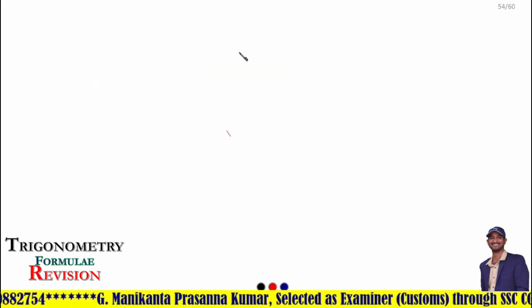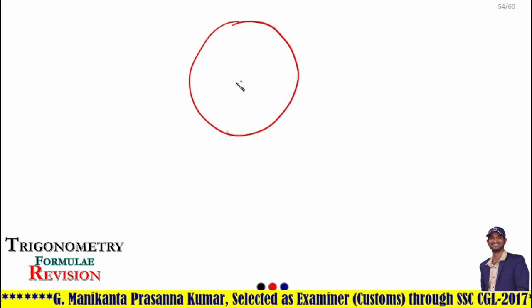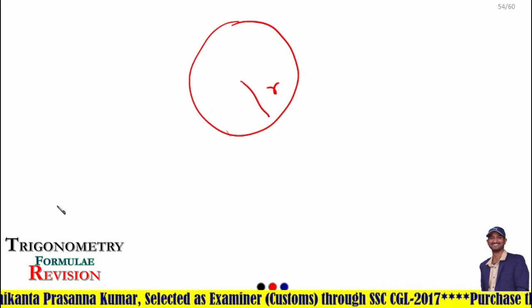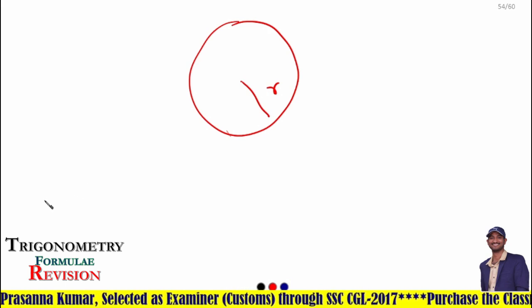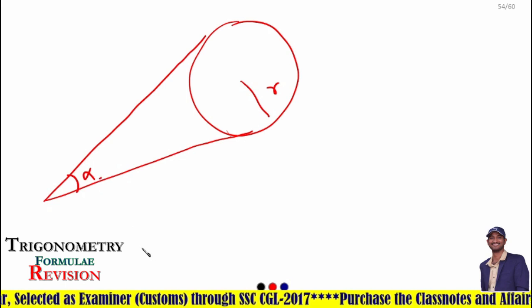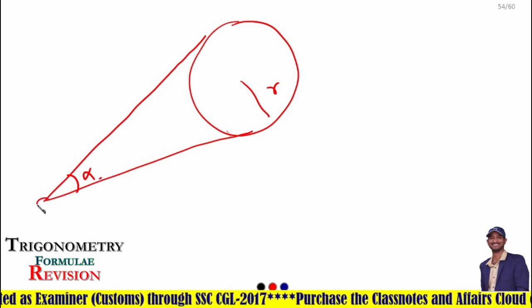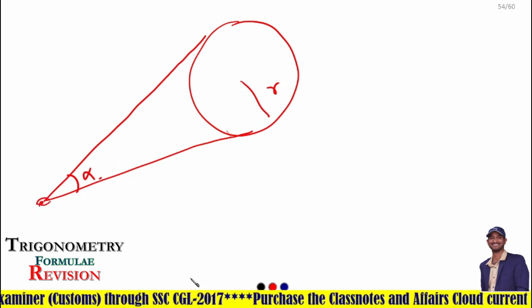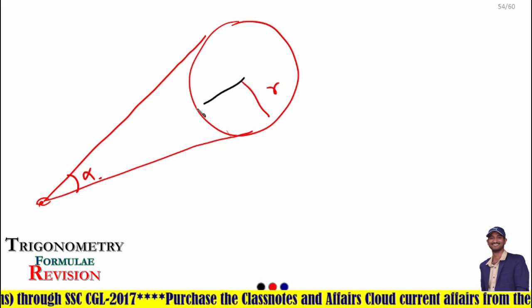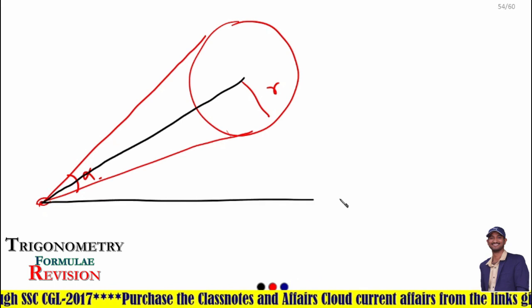Okay, and next type 3. There is a spherical balloon of radius r subtends an angle alpha at the eye of an observer. If the angle of elevation of its center, this is the bottom.